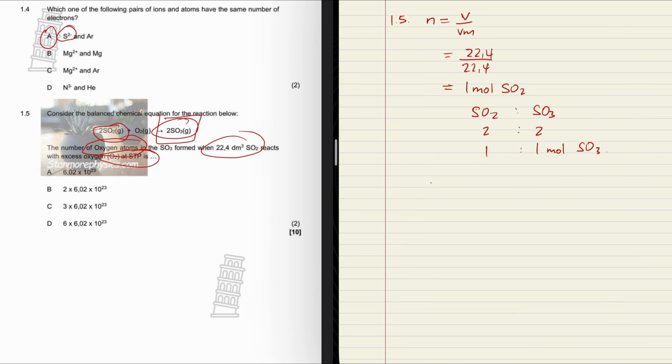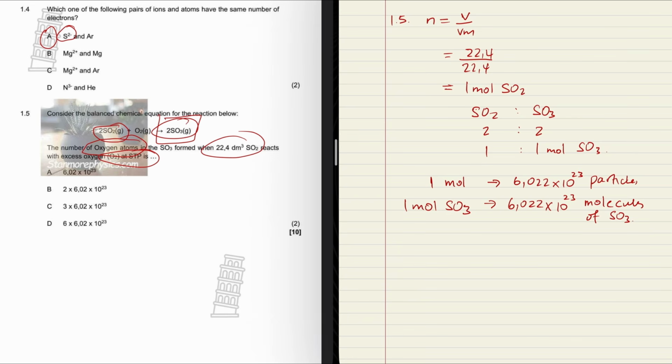We'll say that 1 mole of any substance contains 6,022 times 10 to the 23 particles. Now, if we are talking about 1 mole of SO3, it means we're going to have 6,022 times 10 to the 23 molecules of SO3.